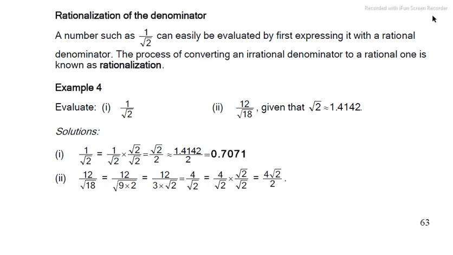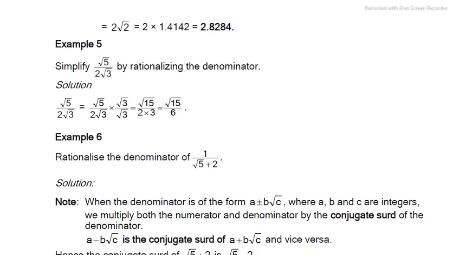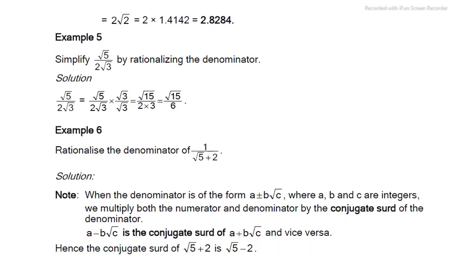Let's continue. Yes, we have our example 5, whereby we are told to simplify 5 over 2 root 3 by rationalizing the denominator. Yes, we saw what rationalizing means, and we can do this.